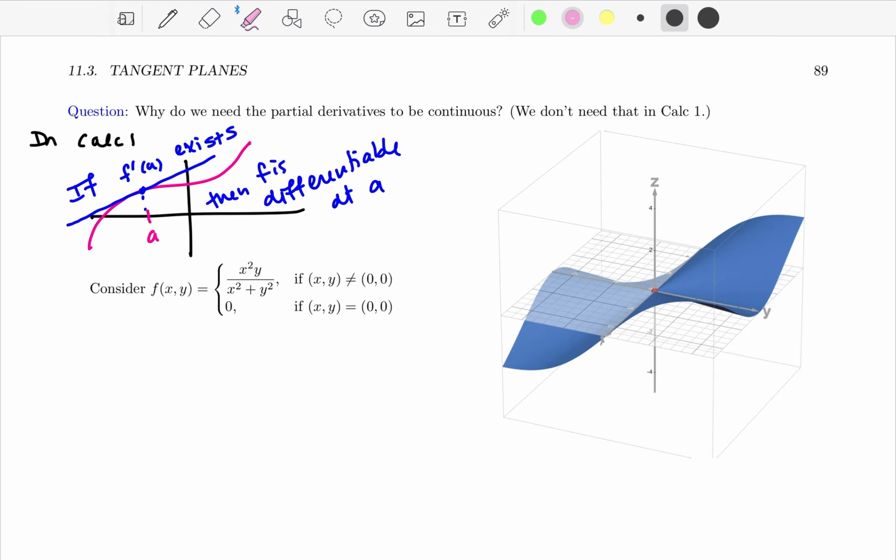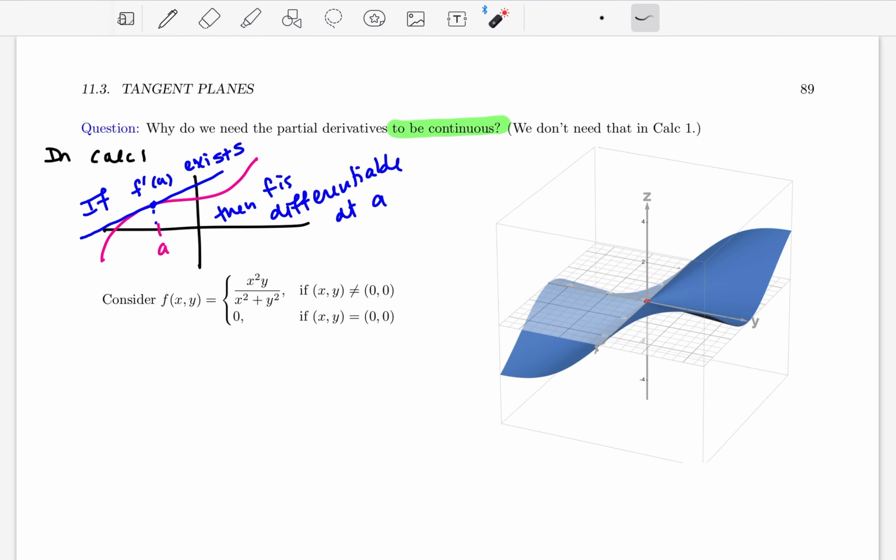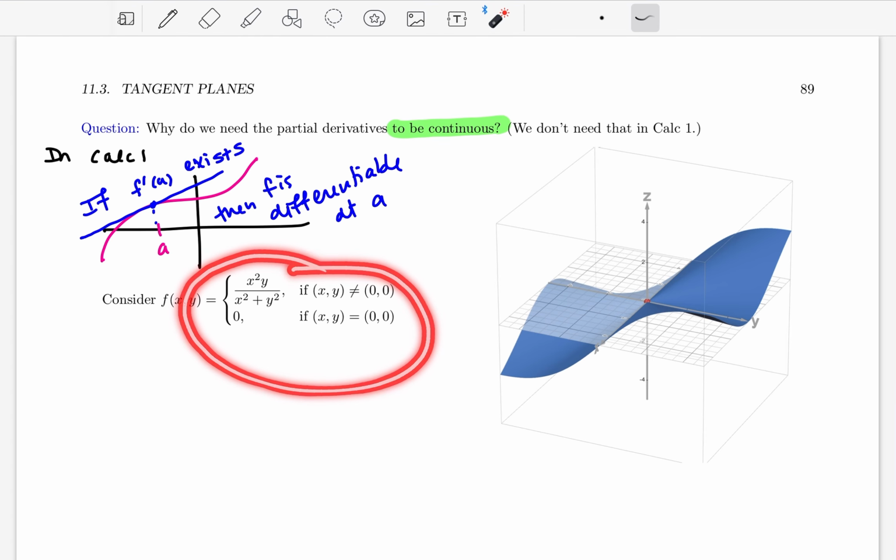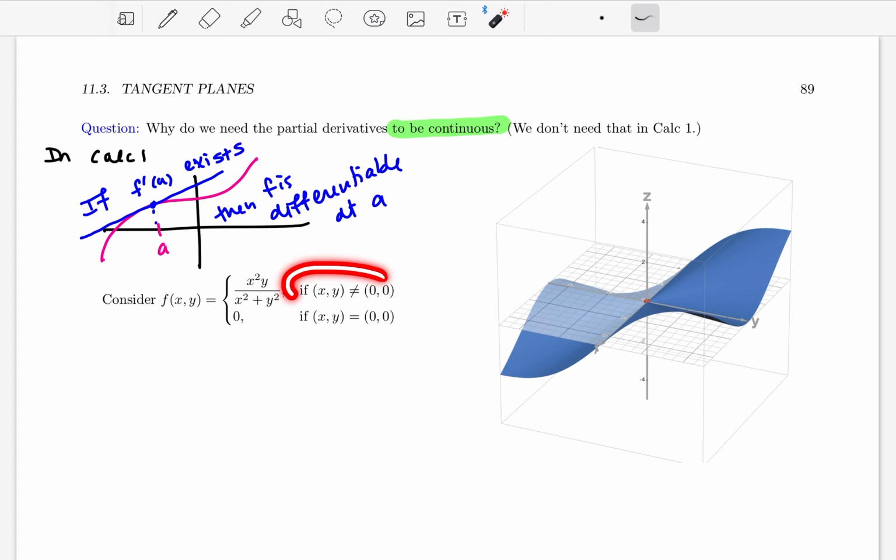So what I'm going to do is look at what happens if they're not continuous. So even though we have proved that this function is continuous, right? The limit as (x, y) goes to (0, 0) of this function, we've proved that it's equal to 0. And by defining f(0, 0) as 0, we're removing the discontinuity in the denominator, okay?